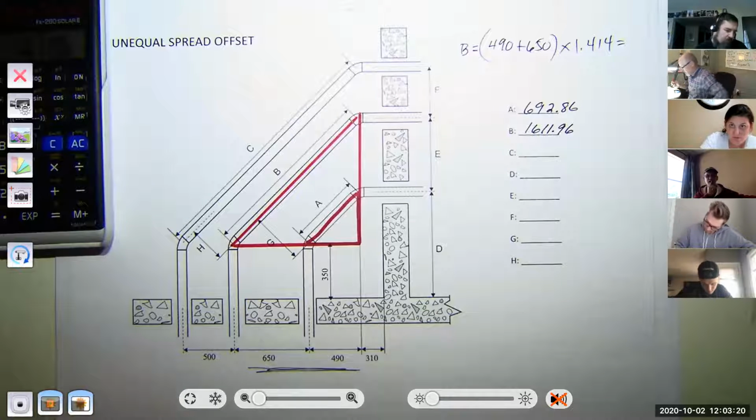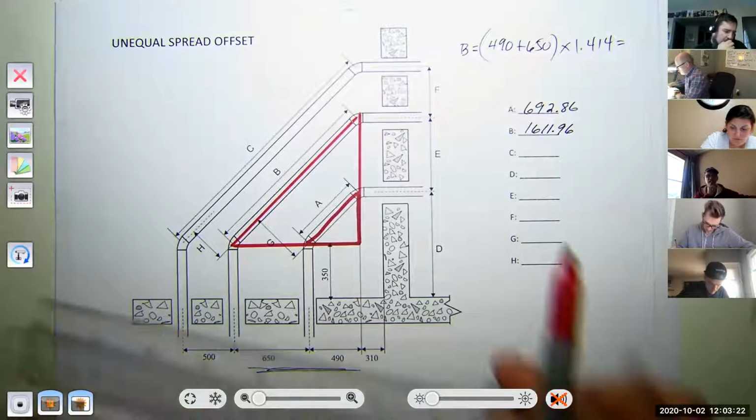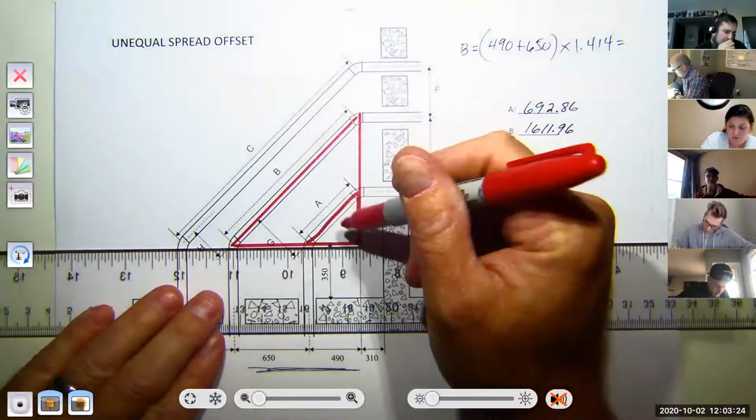C is a continuation of that big right angle triangle.